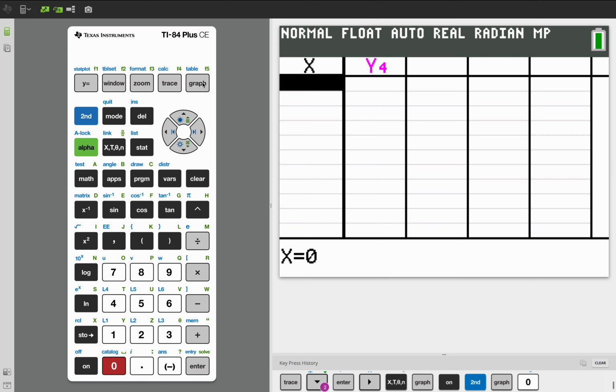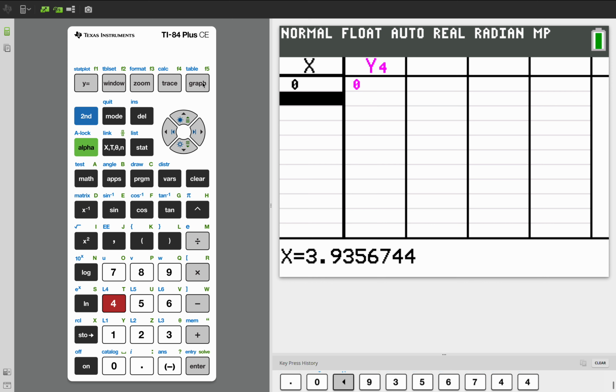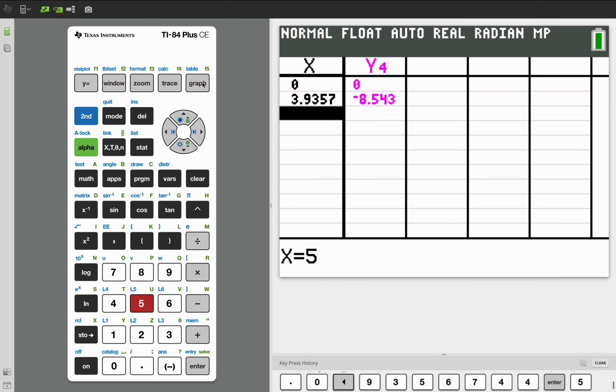So I could type in 0, 3.935674, and then 5.